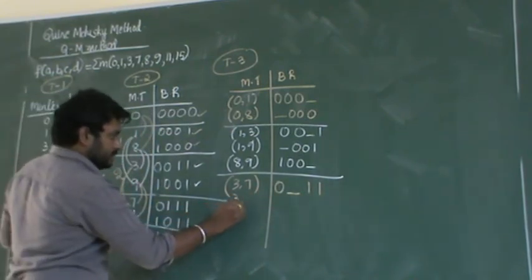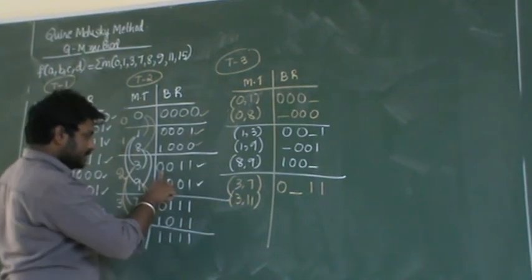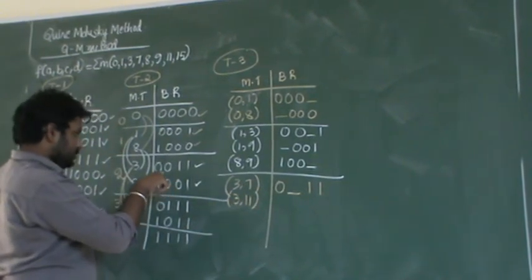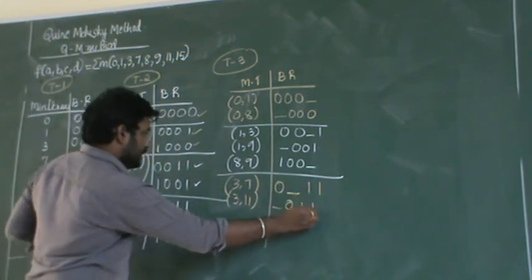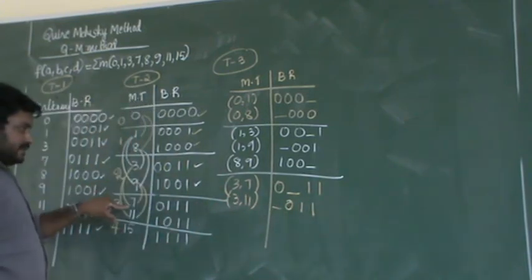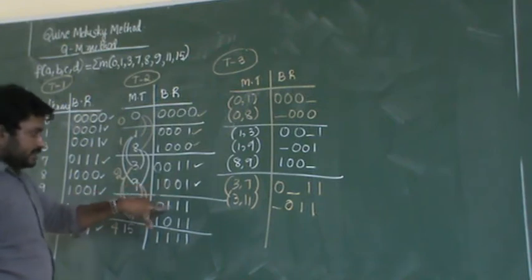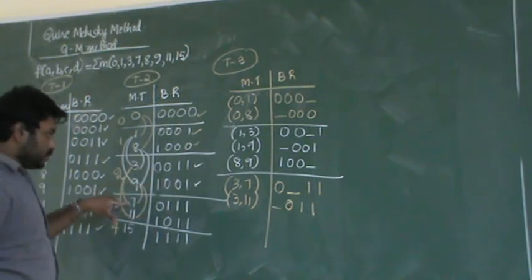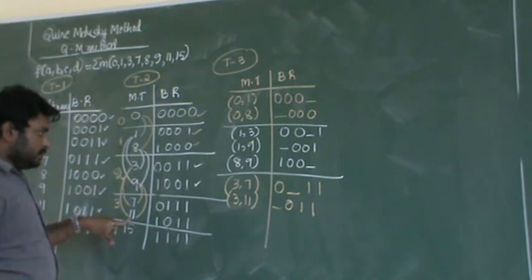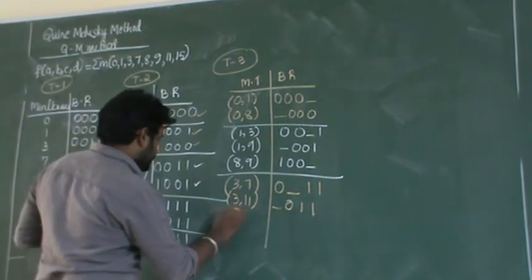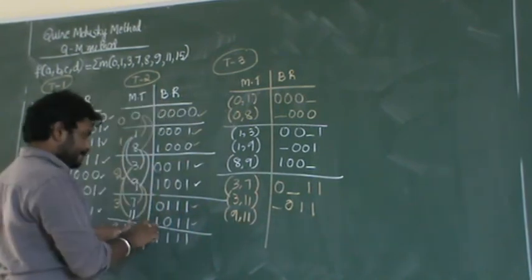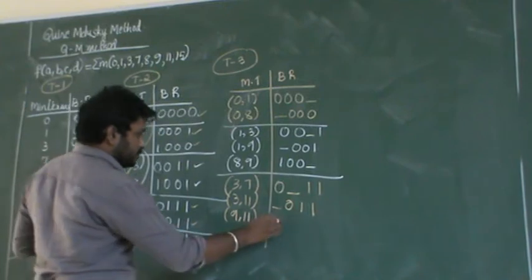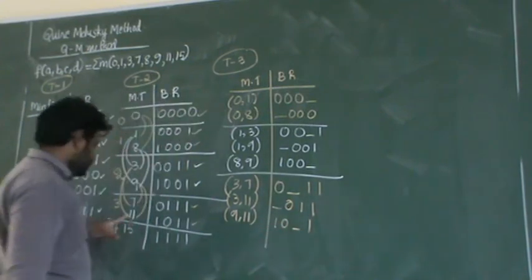Yes, that is dash 0 double 1. 9 with 7, is it possible? No. See here, 2 bits are getting changed. 9 with 11 is possible, 1 0 dash 1.